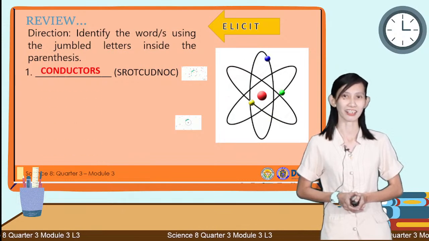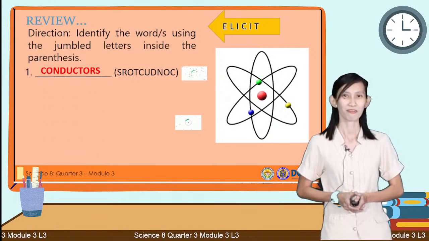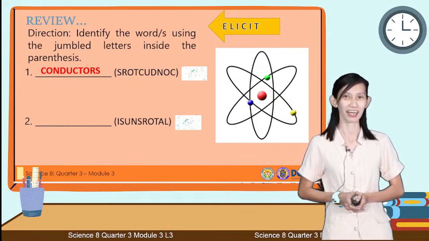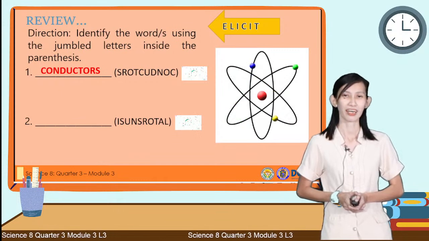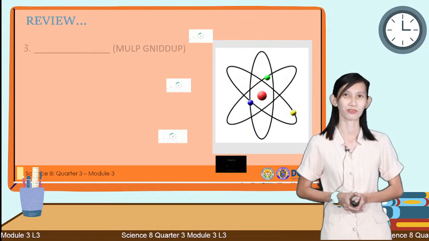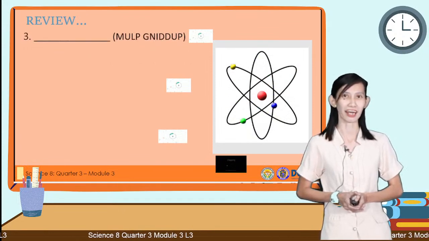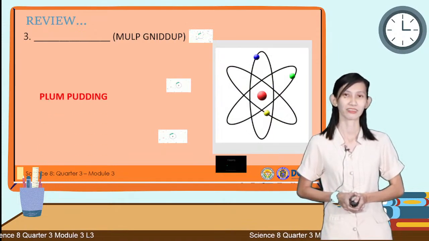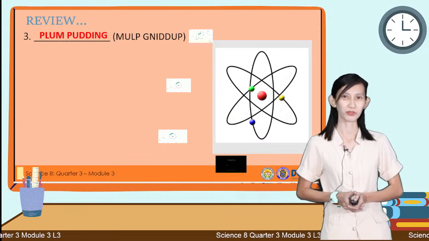And the answer is conductors. Next number, 5 seconds to think of the answer. And the answer is insulators. For the third jumbled letters, the answer is plum pudding.